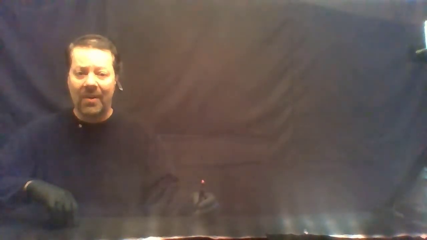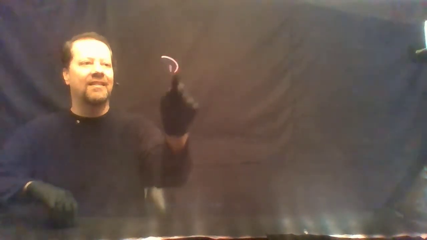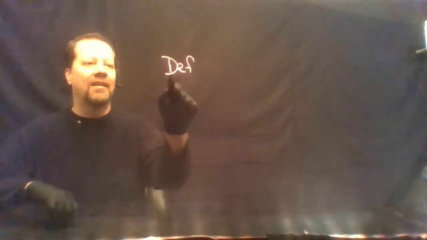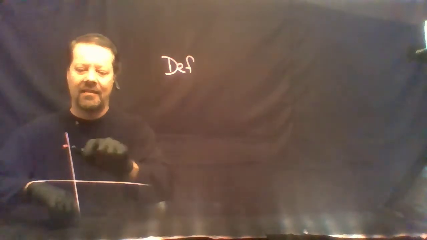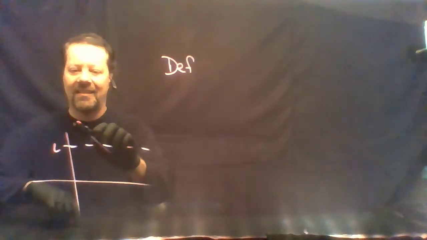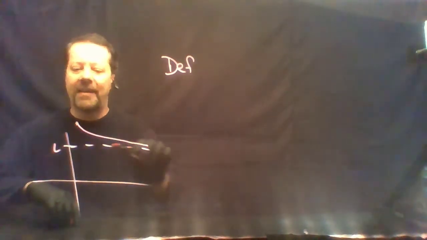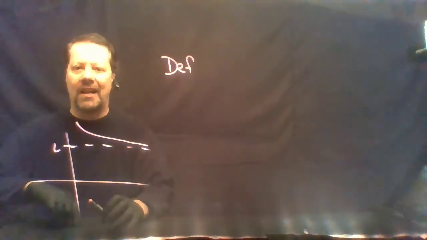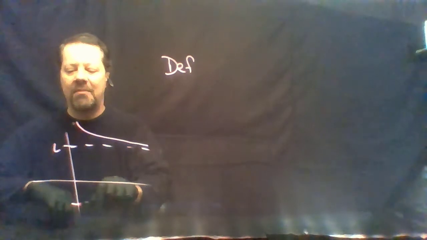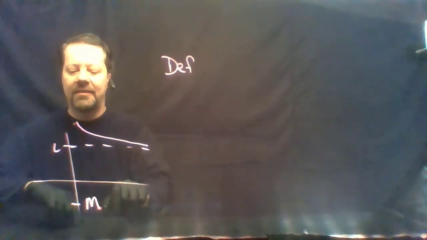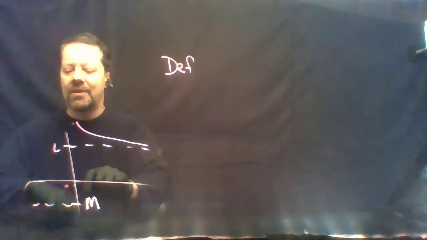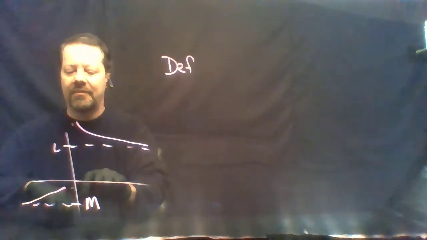So what is a horizontal asymptote? If the function tends towards some finite limit L, then y equals L is a horizontal asymptote. Keep in mind, you could have some other value that you tend towards on the left.